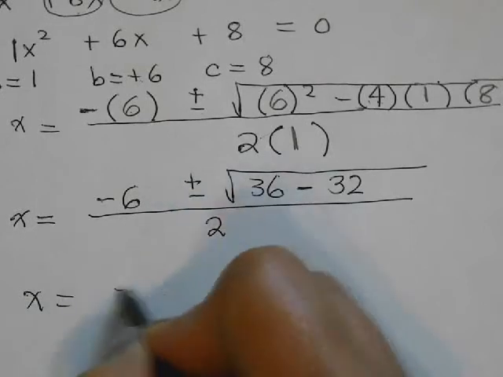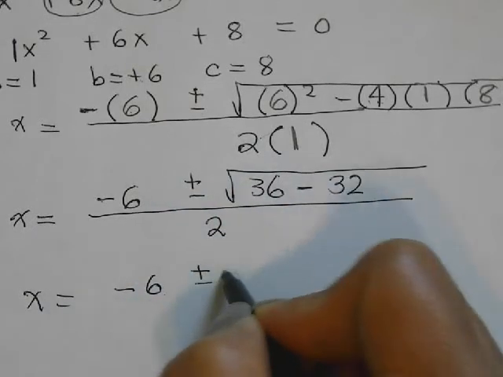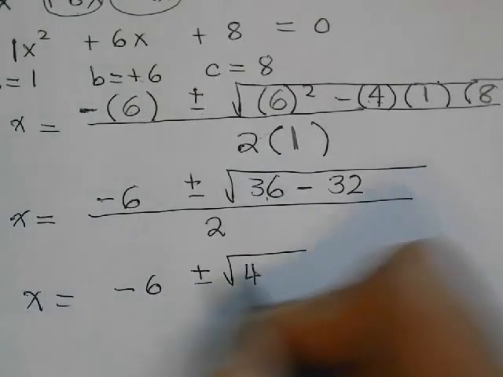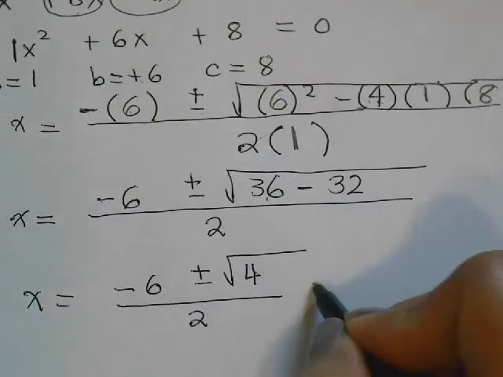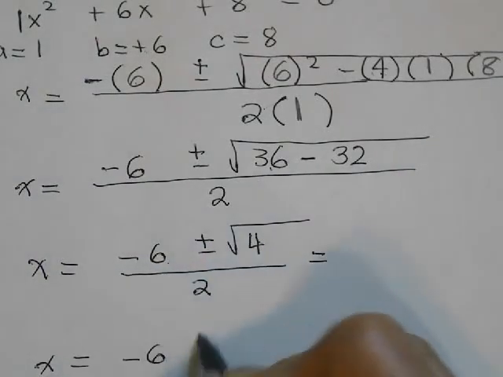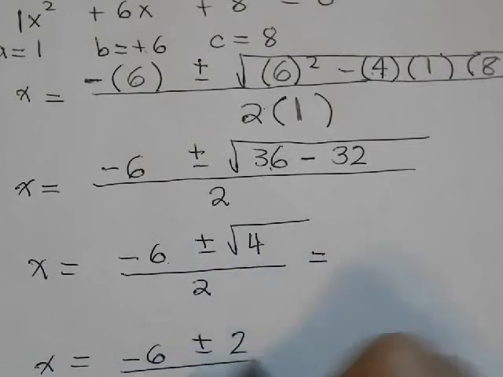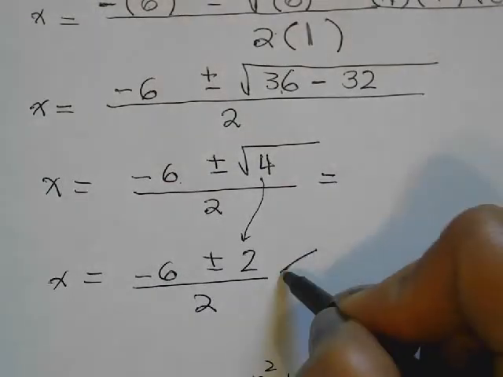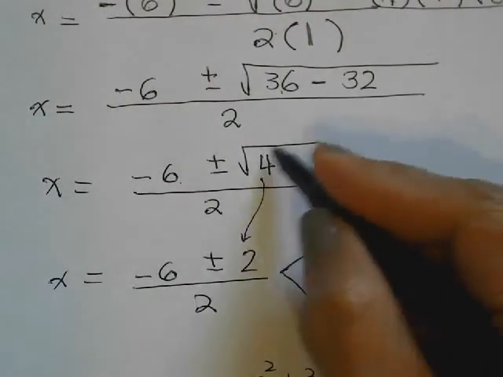So you're going to get negative 6 plus and minus square root of 36 minus 32 is 4, which is again a perfect square. Okay, so let's simplify that some more. So that would be negative 6 plus and minus 2 all over 2. Okay, so square root of 4 is 2. No more square root.